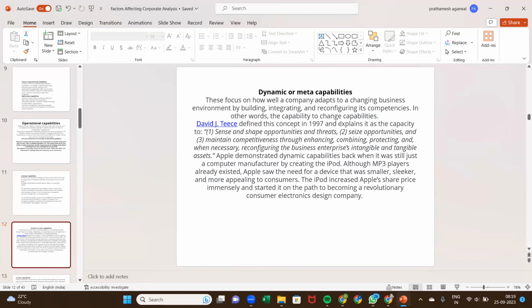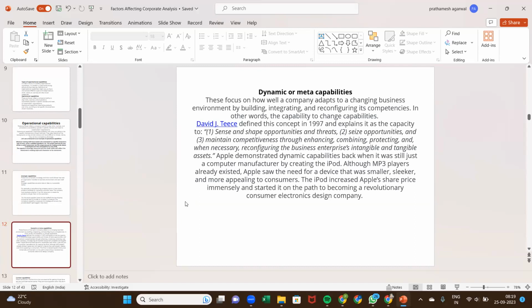He explains it as the capacity to sense and shape opportunities and threats, then seize opportunities and maintain competitiveness through enhancing, combining, protecting, and when necessary, reconfiguring the business enterprise's intangible and tangible assets.